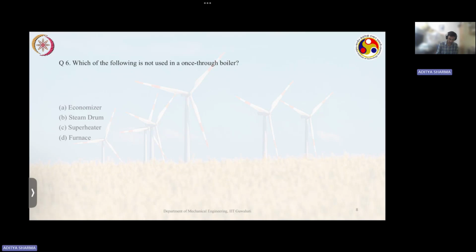Question number 6. Which of the following is not used in a once through boiler?